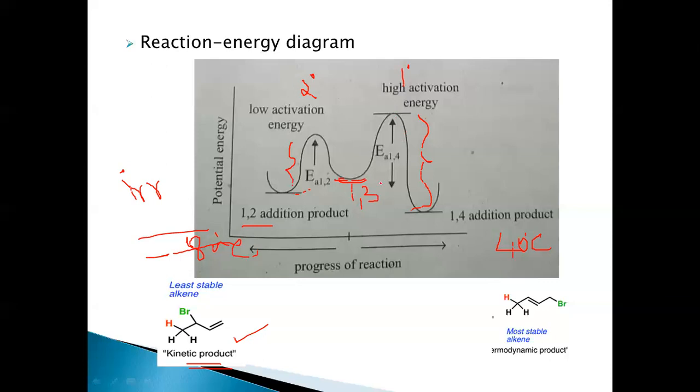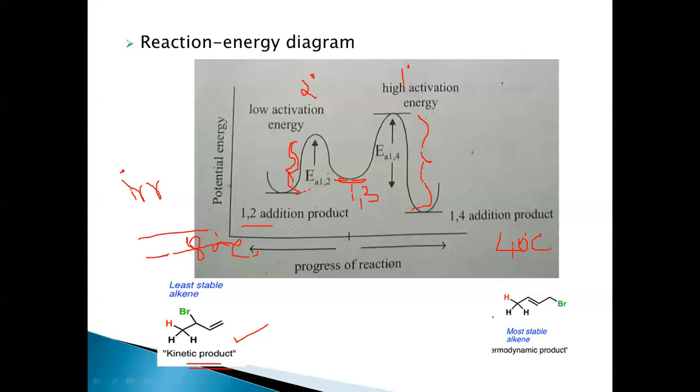But when we are supplying more temperature, when we are heating it at a higher temperature, we are still going to get this 1,2 addition product, no doubt, because this product is formed faster because of the lower activation energy of the intermediate here. But as the temperature is high, it's enough for the reaction to get reversed.